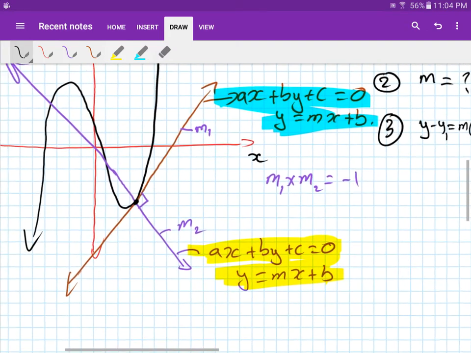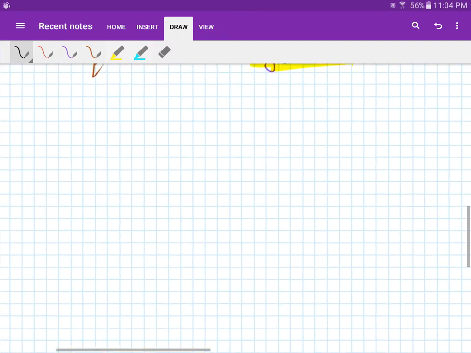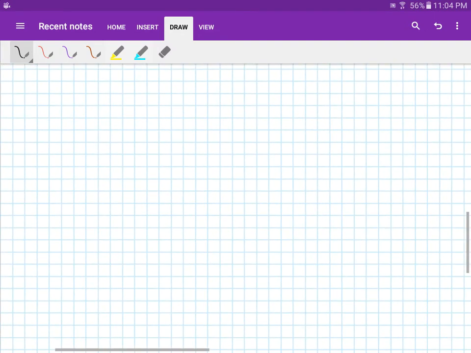Let's give you one example. A basic example, a really easy one just to get the process right first. Let's say y = x² + 2x - 3. Let's say this is a parabola.